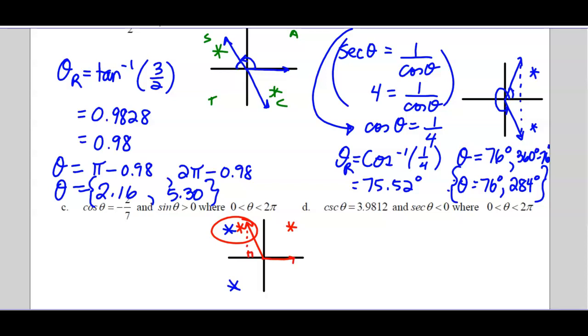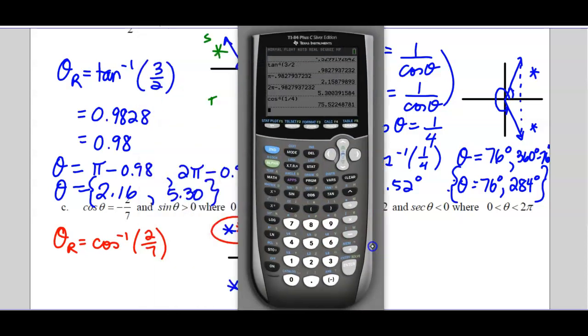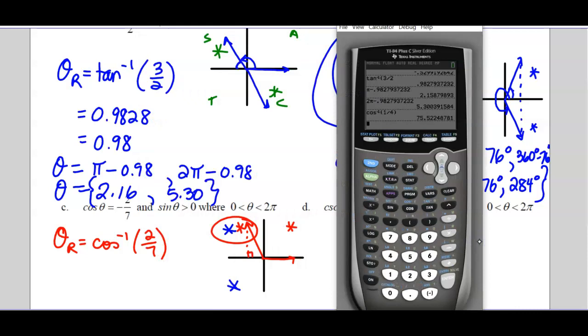Okay, and again, I'm going to go theta reference will be cos inverse of positive 2 over 7. Dealing in radians. So, second cos, everything divided by 7, 1.2810.